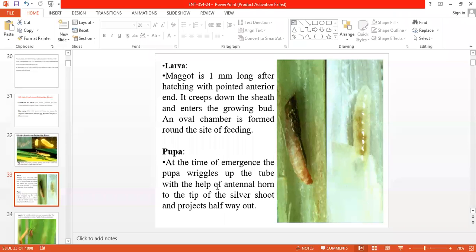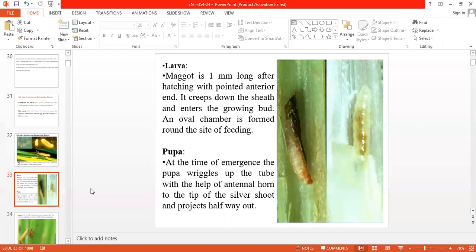Then the next stage of that gall midge is the pupal stage. Maggots pupate at the base of the gall and move to the tip of the gall and project outside during emergence.